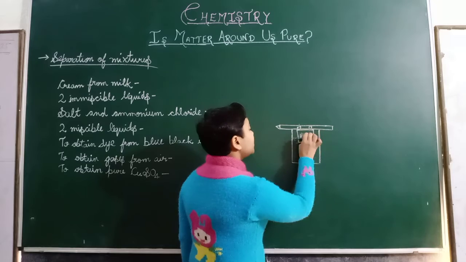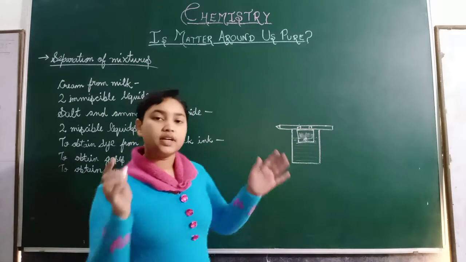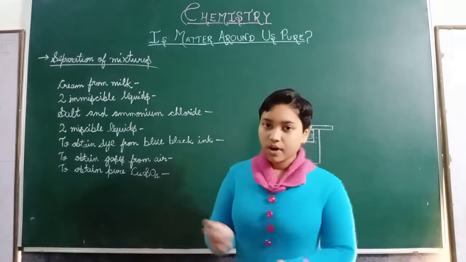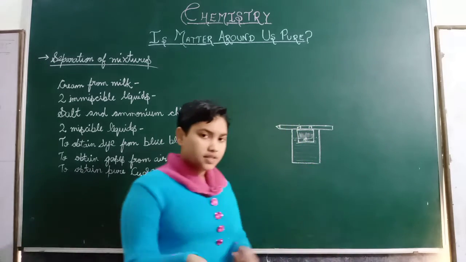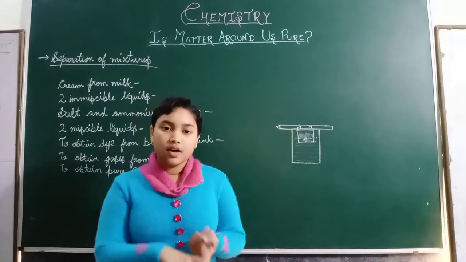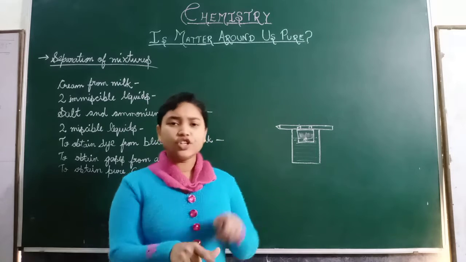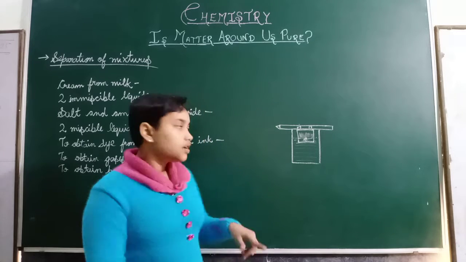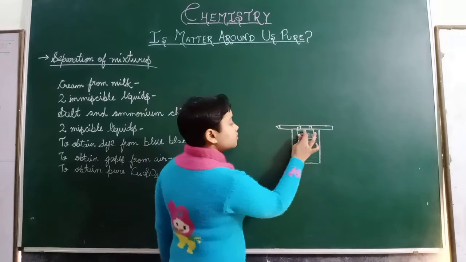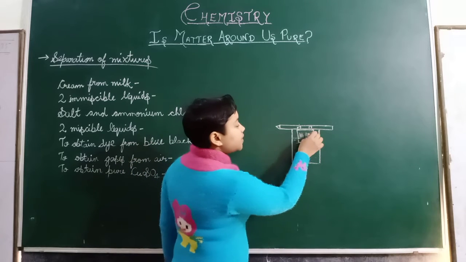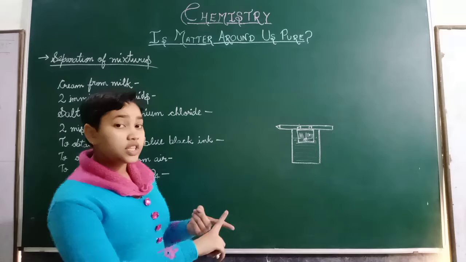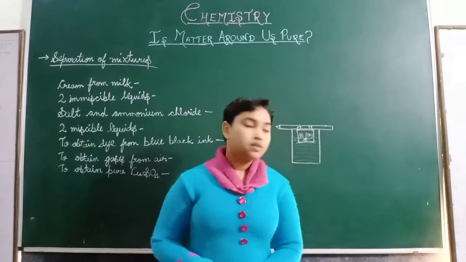Different colors you can see. If the ink is blue-black, then you can see the blue color here and the black color there. So this is called the chromatography method.